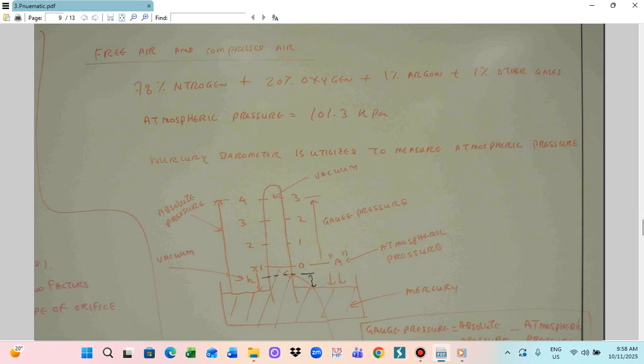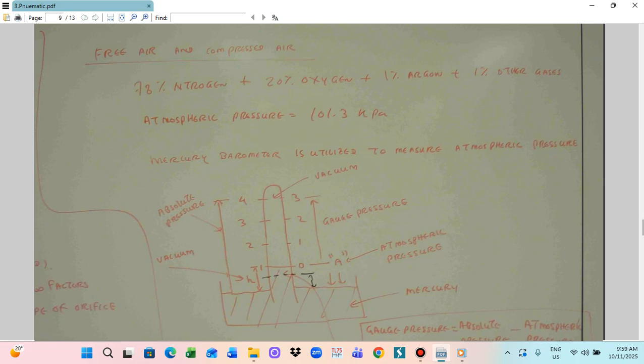Normally we can measure the atmospheric pressure with a mercury barometer. But in industrial systems, we use a special pressure gauge to measure the inside pressure of the piston. For general measurement of typical air pressure, we can use this barometer.